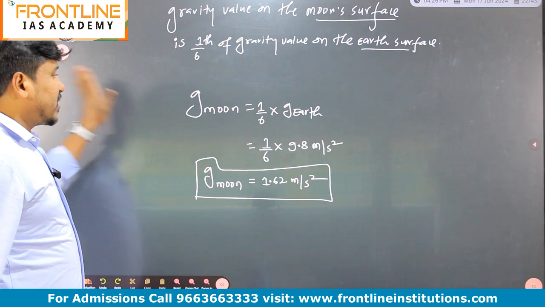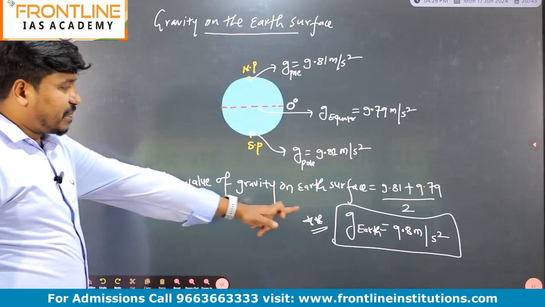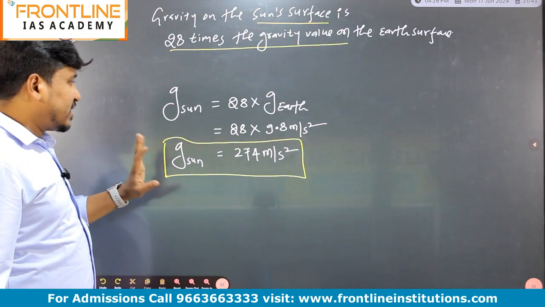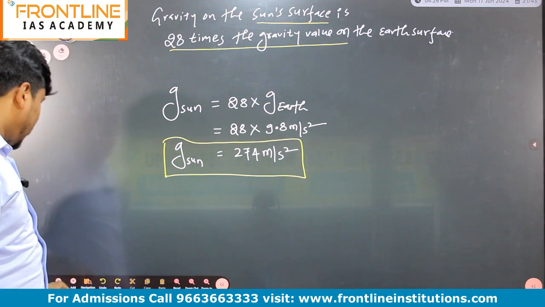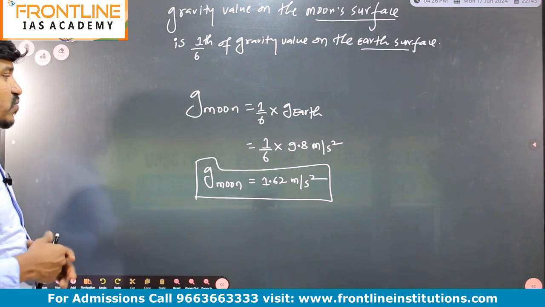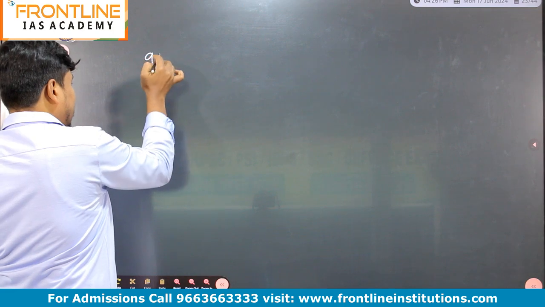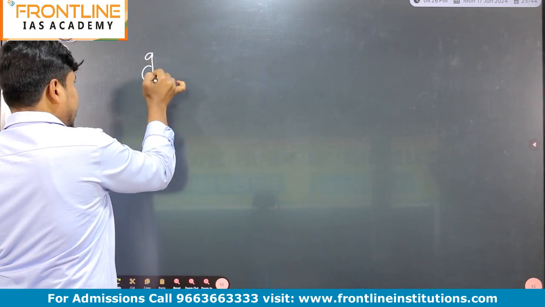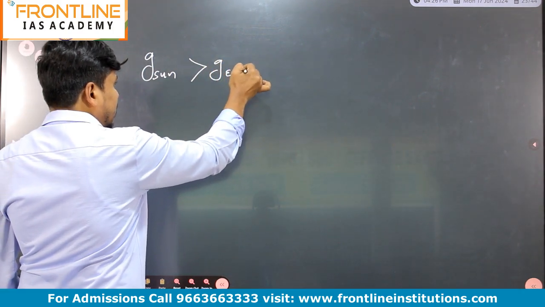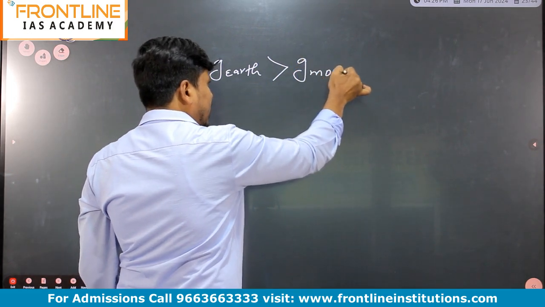So arranging the following: gravity on the earth surface is 9.8, gravity value on the sun surface is 274 meter per second square, and gravity value on the moon surface is 1.62 meter per second square. If you get the question to arrange in decreasing order, g sun is greater than g earth, g earth is greater than g moon.